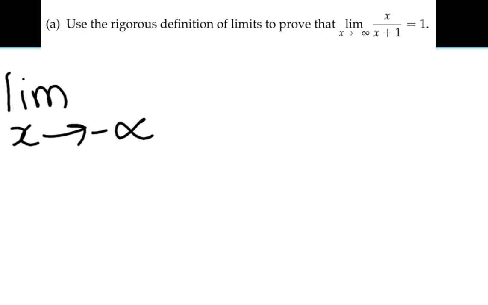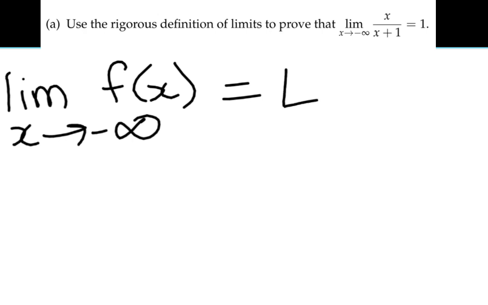Now the first thing we can see is that this is of the form limit as x approaches negative infinity of a function, and that is equal to whatever limit we get.